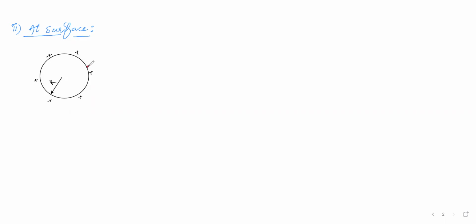If you want to draw a Gaussian surface, then we can consider that the Gaussian surface is passing through this point, by touching the surface of the sphere, just like this. This is your Gaussian surface.